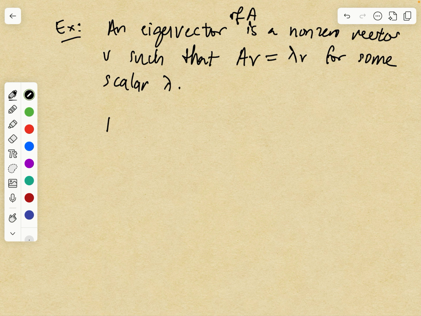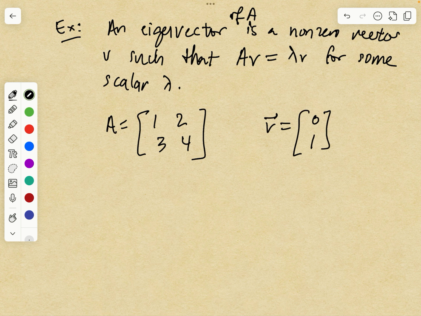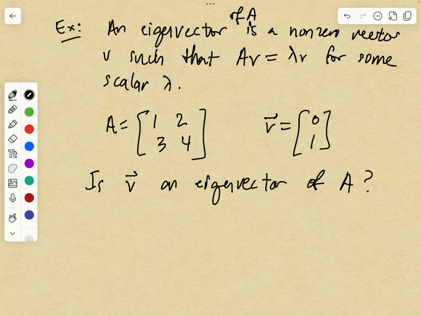So let's say that our matrix A is [1, 2; 3, 4] and our vector v is (0, 1). So is v an eigenvector of the matrix A?